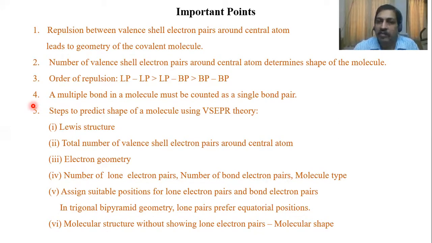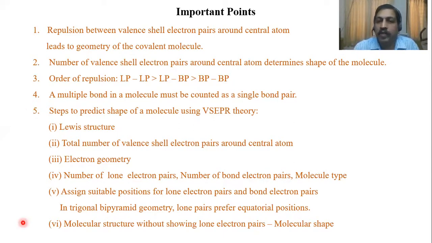If it is a trigonal bipyramidal geometry, and if there is a lone electron pair, the lone electron pair will occupy only the equatorial position. The last step: consider the arrangement of only the atoms in the molecule, and we will arrive at the molecular geometry. So these are the important points that we learned in this topic.